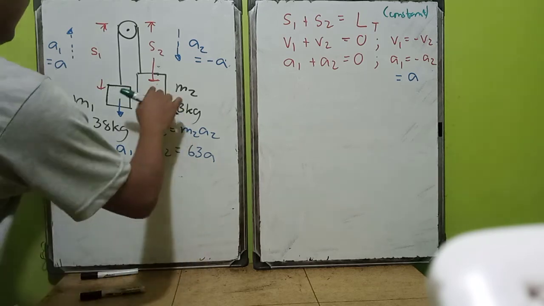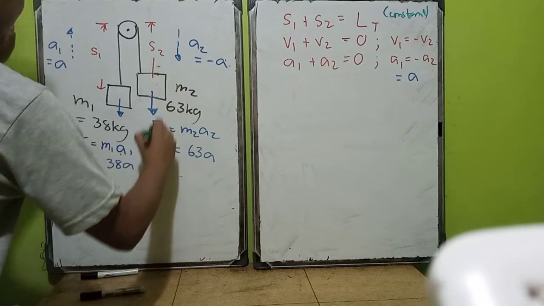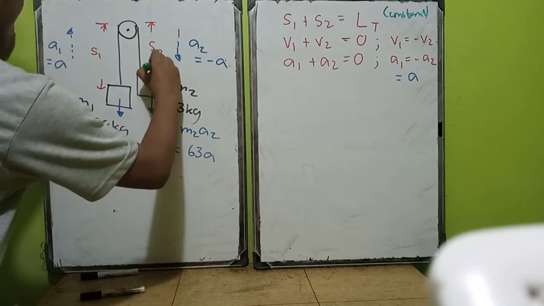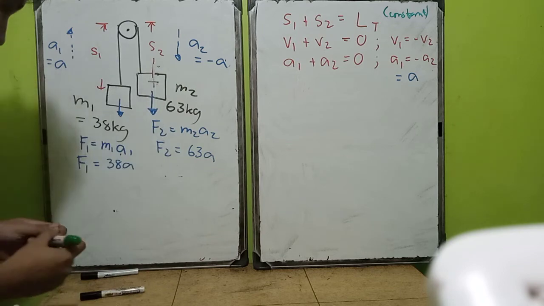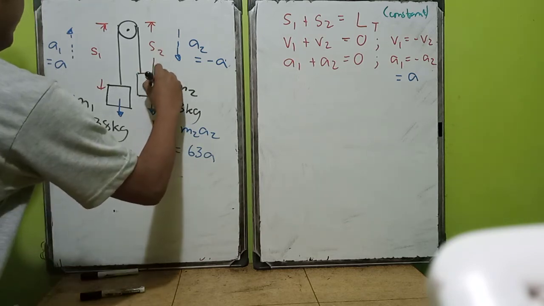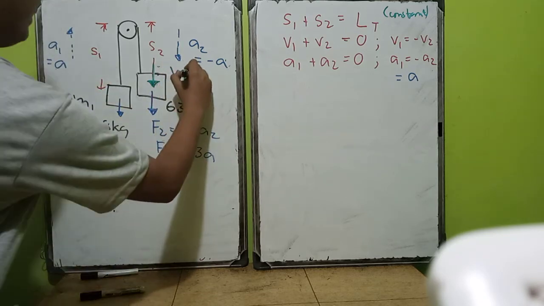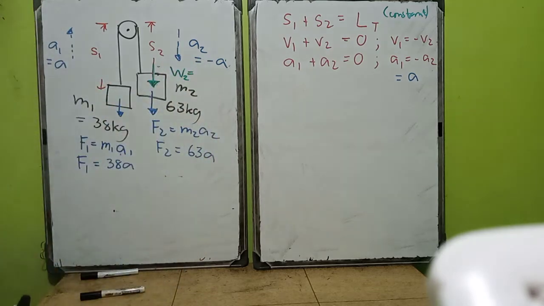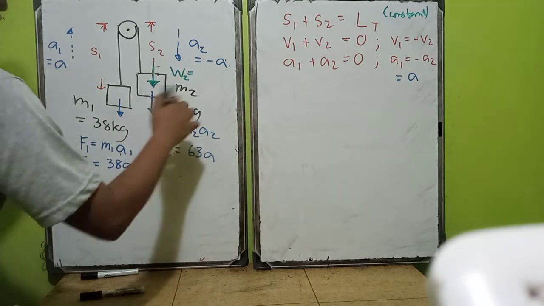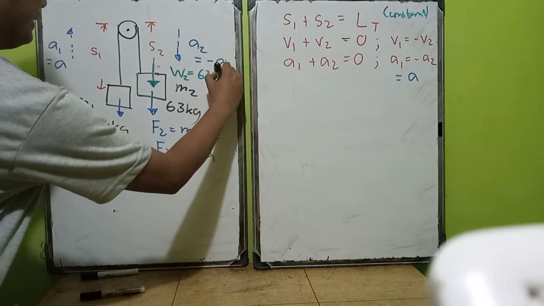Let us add another arrow. So we also have a weight. The weight here, let us name it W2, is equal to the mass 63 times 9.81.